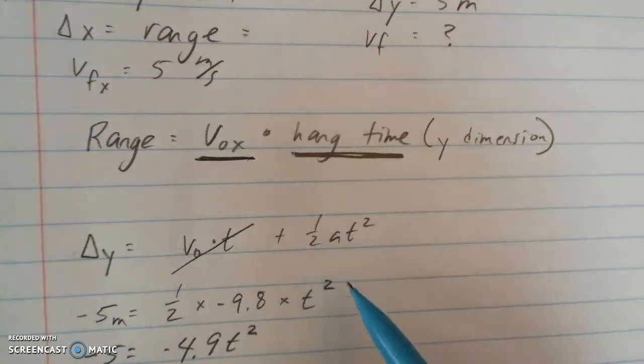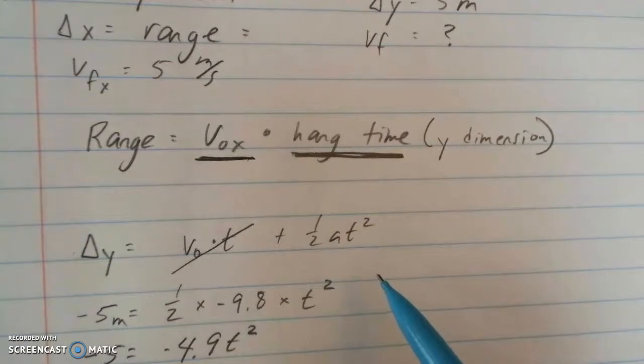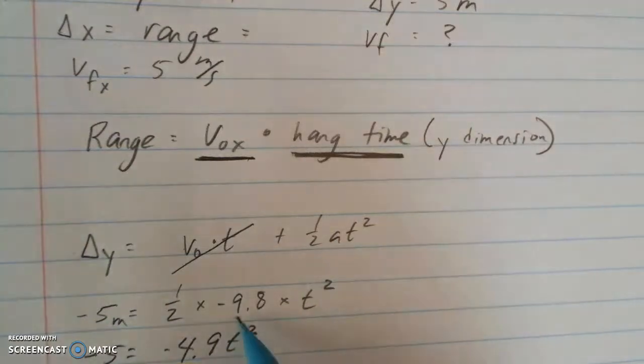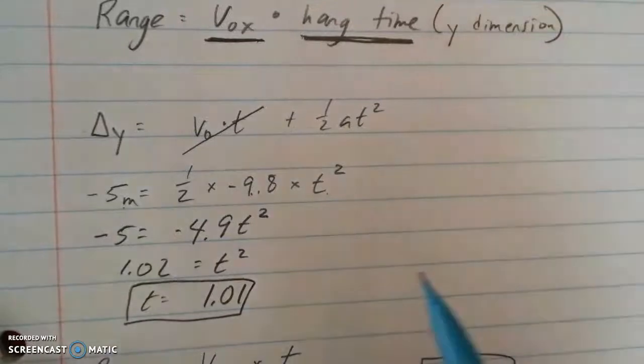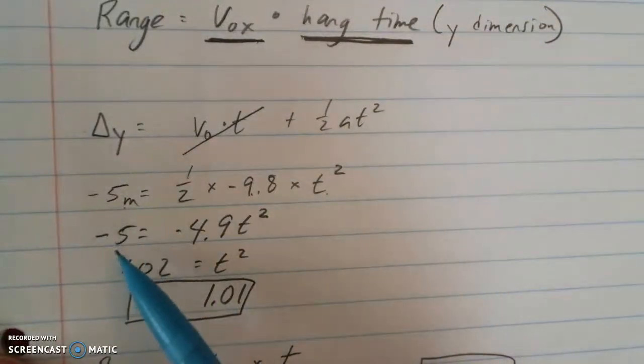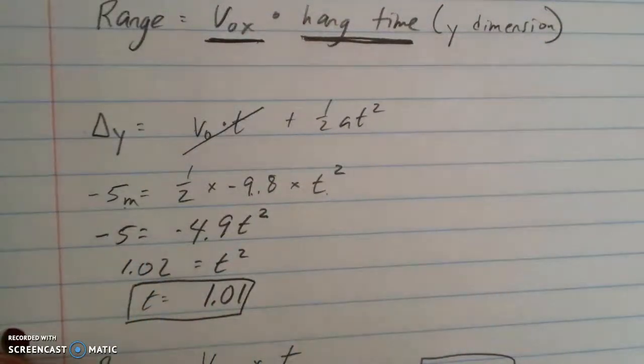And so we have 1/2 a t squared, a being negative 9.8, t being the information we want to find, and our delta y value is the height of the cliff. And I write a negative here to indicate that that's moving down. Our displacement is in the negative y dimension.